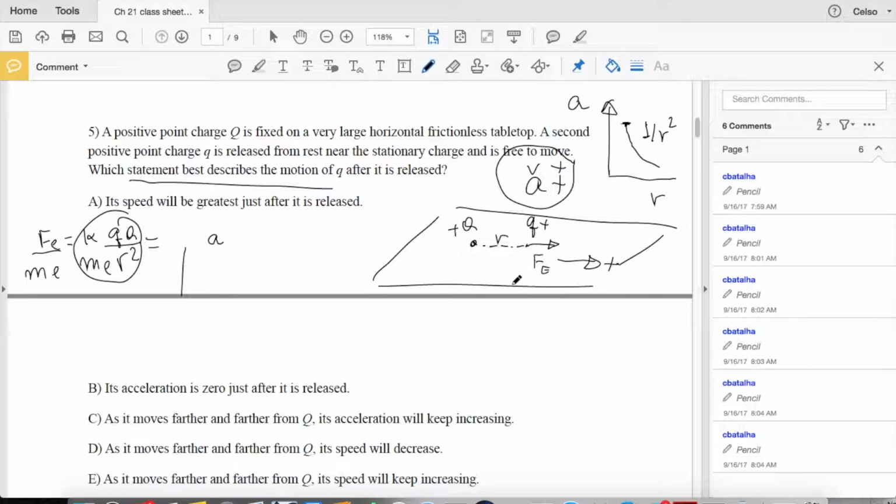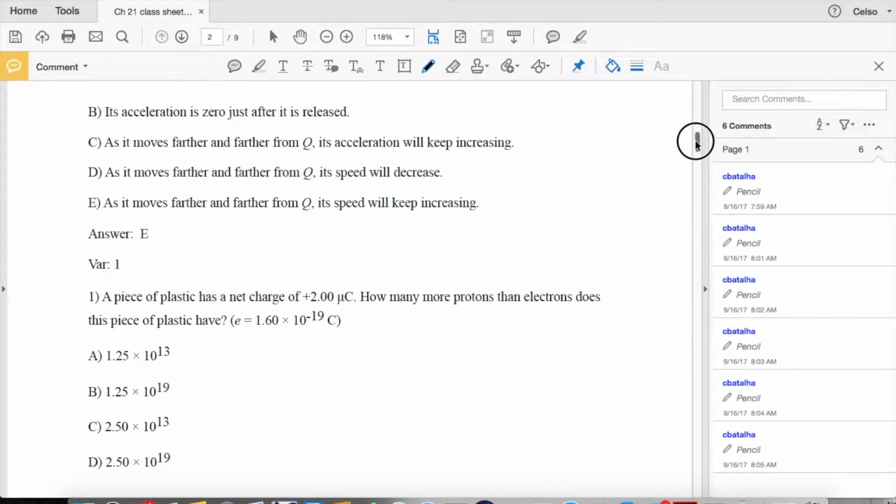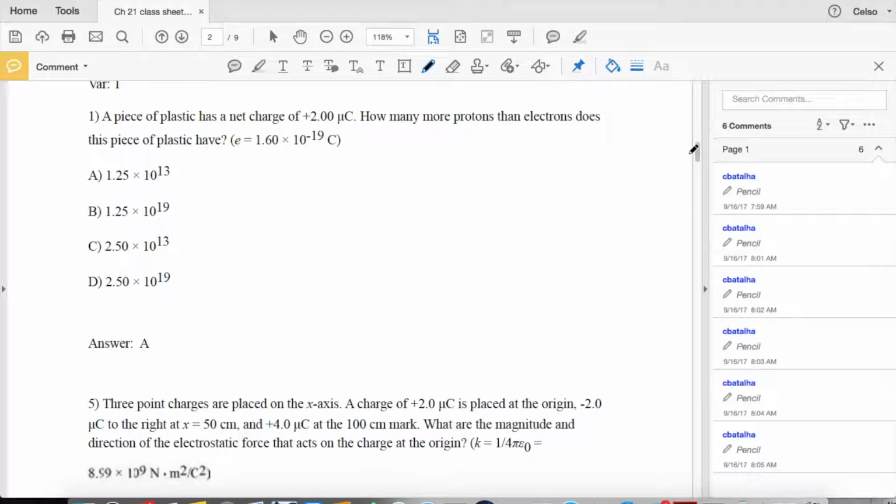So once you release the particle, the lower charge q is going to be speeding up all the way, right? From some initial velocity v naught up to, I don't know, God knows what. So then you choose one of the options here.